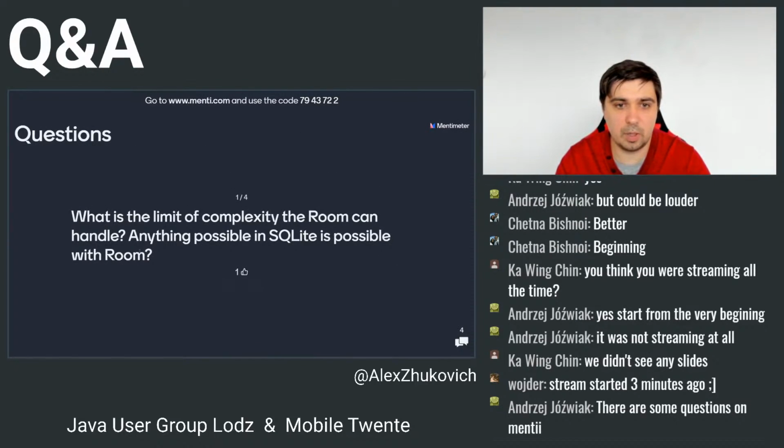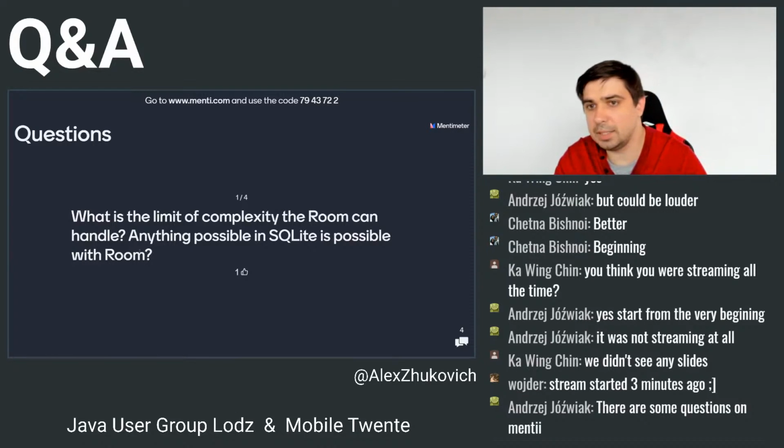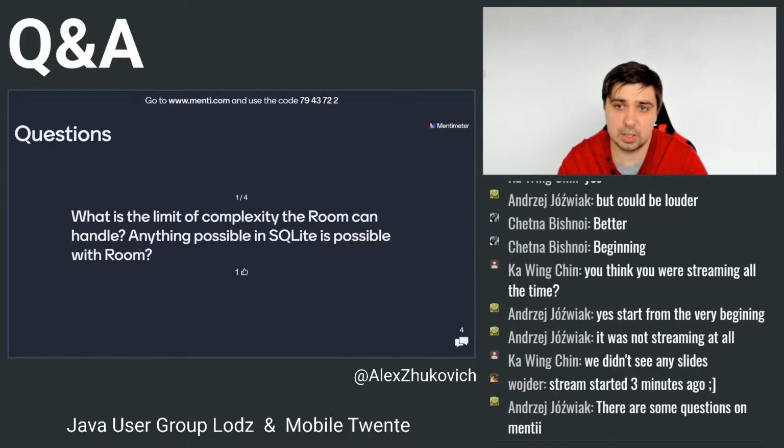What is the limit of complexity the Room can handle? I never had an issue with Room. It has some limitations, because Room has a really cool feature that all your queries will be checked during compilation.